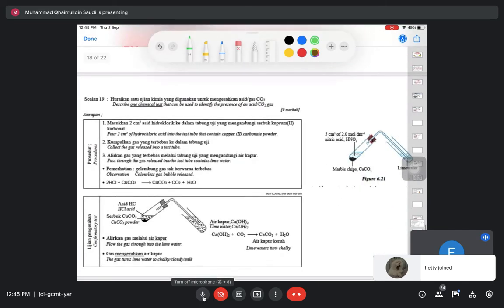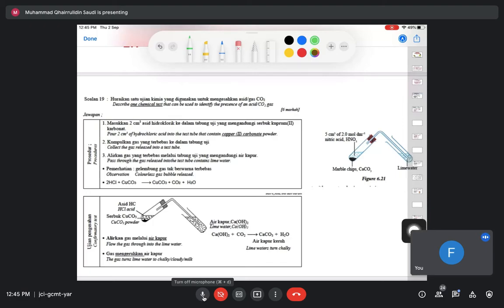Alright, so this is a question that usually asked about acid plus metal carbonate, iaitu cara untuk test the presence of carbon dioxide gas. Kalau tadi the presence of hydrogen gas, we use burning wooden splinter, we insert into a test tube and the pop sound will be heard. Okay, for this one, how are we going to react metal carbonate with acid?